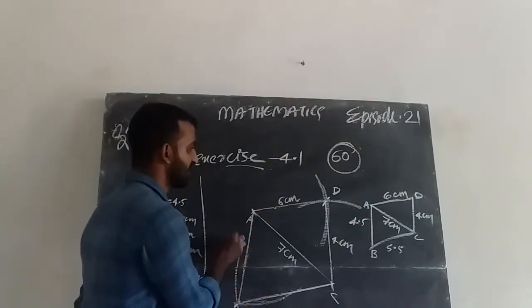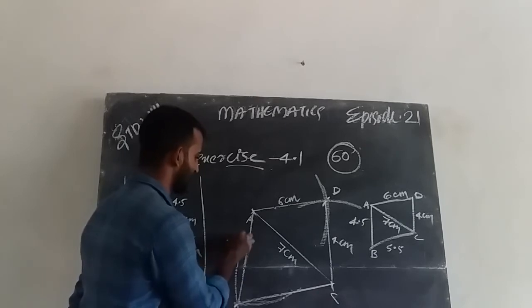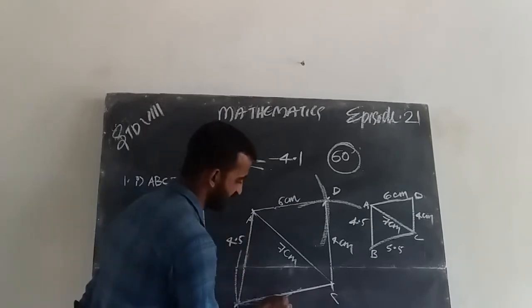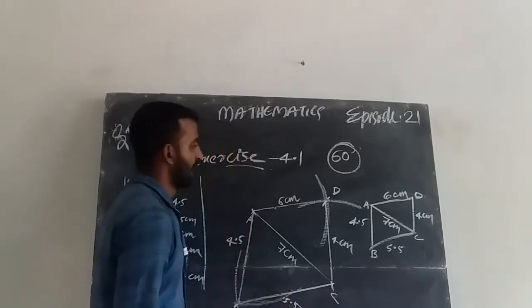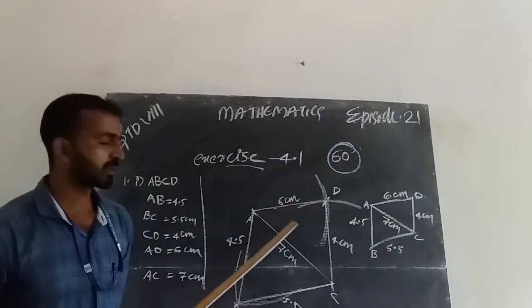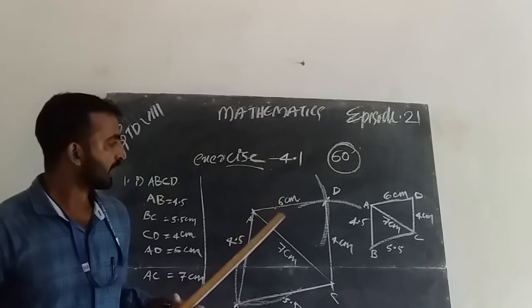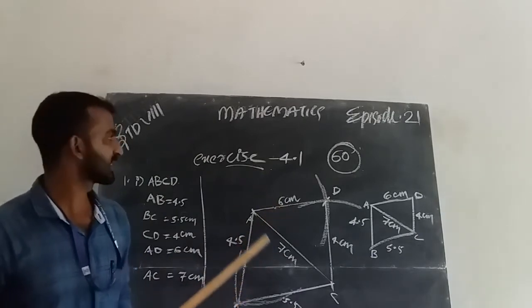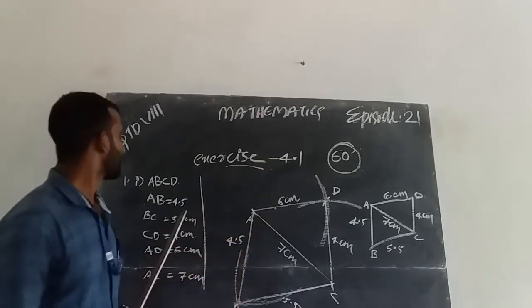That is, we denote the measurements 4.5. This is 5.5. This is the required quadrilateral.